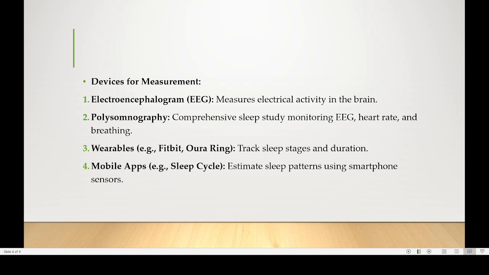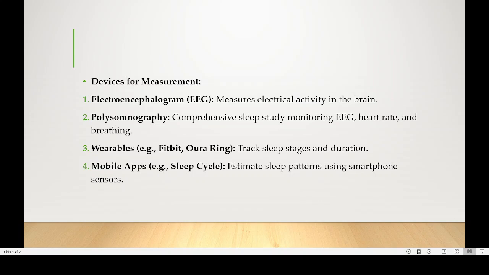And even in many modern Android devices, there are health measuring apps. If you are using those health measuring apps, it will be continuously monitoring how many steps you are walking, how much time you spend walking, how much time you are sleeping. So all this they will be giving you an idea. So this is known as the wearable devices.